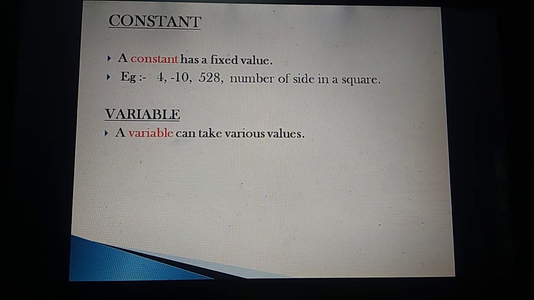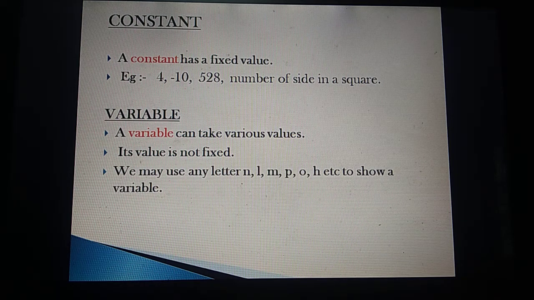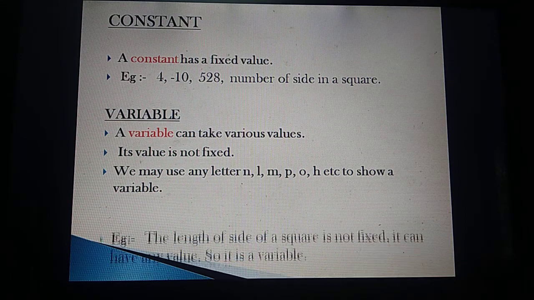Variable. A variable can take various values. Its value is not fixed. So, a constant has a fixed value, whereas the variable value is not fixed. We may use any small case letter, n, l, m, p, any, to show a variable.